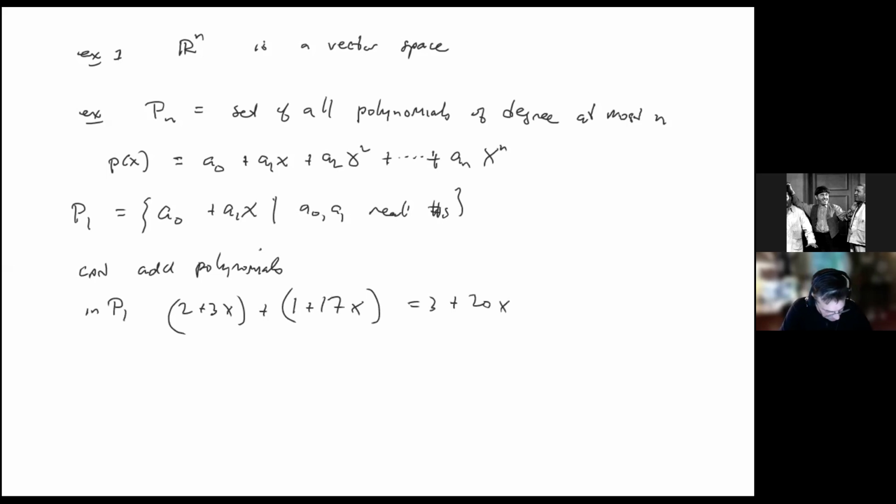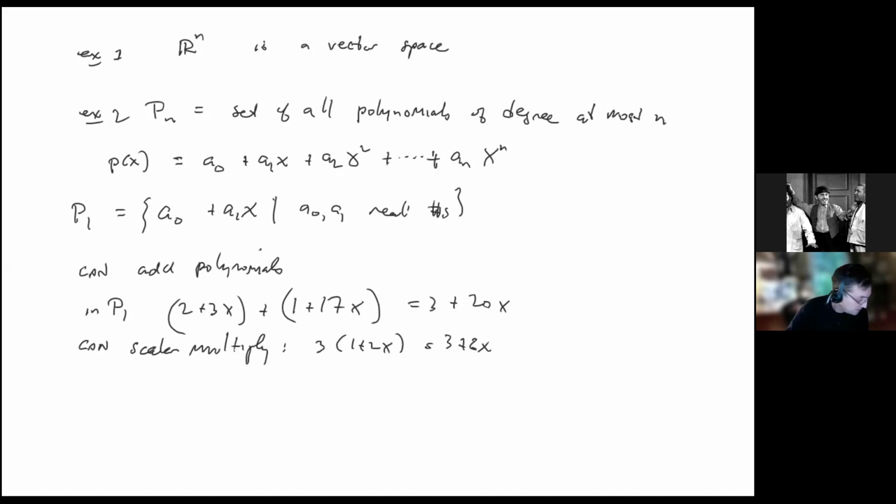You could also scale or multiply polynomials. So for example, if I take 3 times 1 plus 2x, that's 3 plus 6x. And you can check that all the axioms are satisfied. So that's our second example. Okay, so that's good.